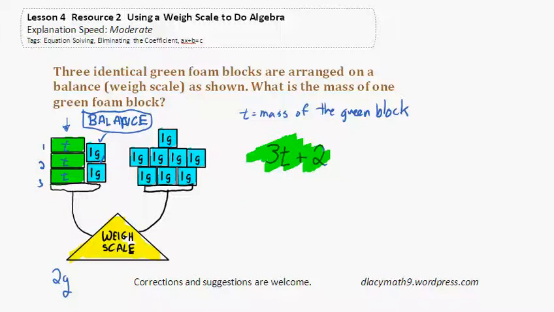Now what I'm going to do is draw the right side of the equation. Now, when I say left and right, I mean the left side of the picture and the right side of the picture. So the right side of the picture is equal to 1, 2, 3, 4, 5, 6, 7, 8. 8 grams. But I'm not going to write grams.